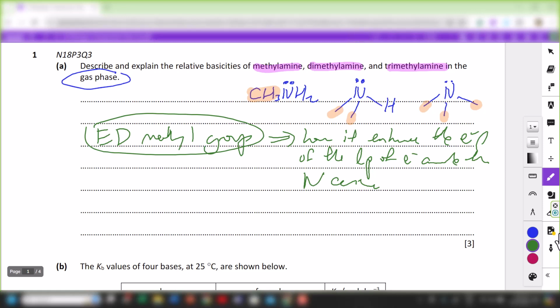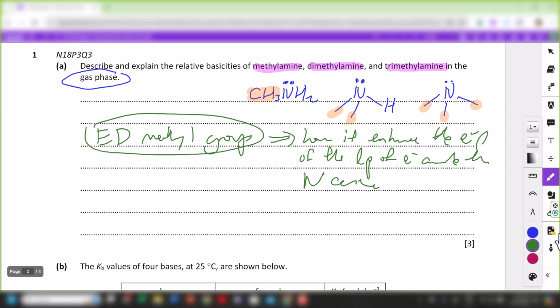So the more electron donating methyl groups I have, it will enhance the availability of the lone pairs of electrons on the nitrogen, or increase the density of the lone pairs of electrons on the nitrogen.